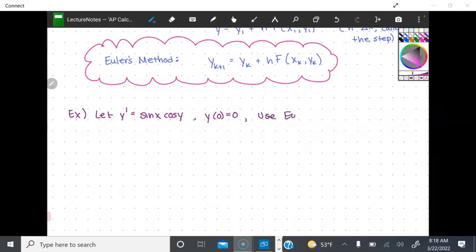Use Euler's method with a step of h equals 0.1 to approximate y of 0.5. And we're going to do this without actually finding a solution to the differential equation.